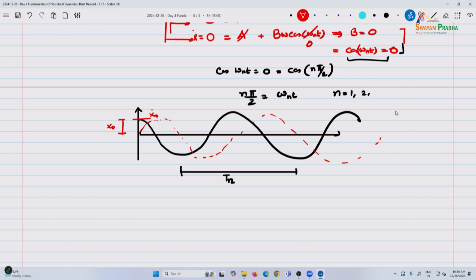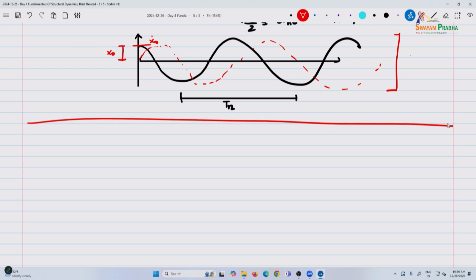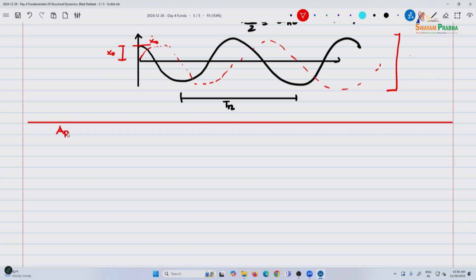Now, this is just to start with to signify what Tn is and a free vibration problem is. But when you do the blast, we take the same thing, again no damping, and we'll spend some time on this.